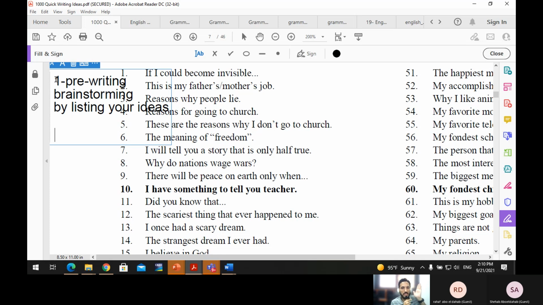I'm not writing in this stage, pre-writing step. I never write complete sentences. I just write some keywords: his personality traits, his physical appearance, his likes and dislikes.